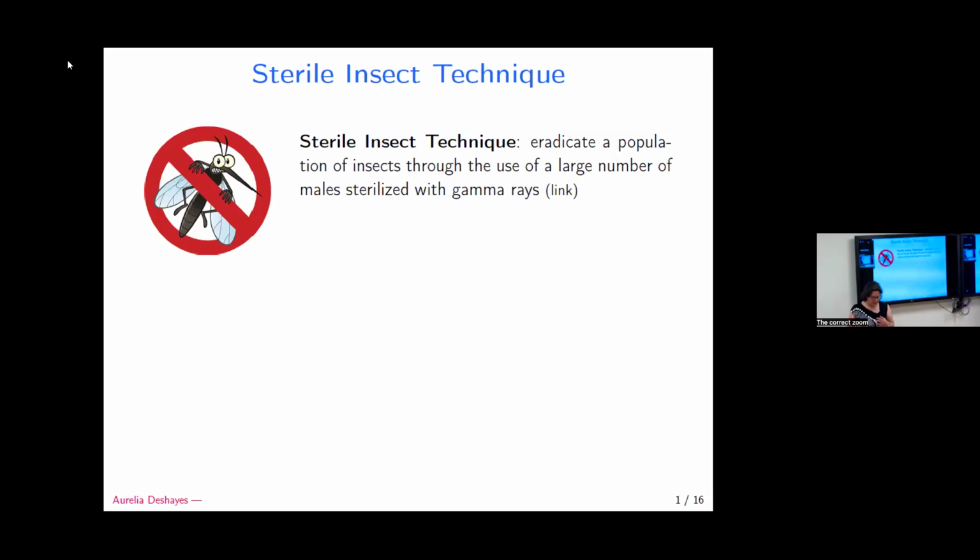The technique is from the 50s, but it's still used today. I found recent videos on YouTube about the use of the technique in South America, and for example in Chile, it's used to fight against the Mosca de la fruta. So the idea is to put sterile males in the population, which will reproduce with females, but without offspring.